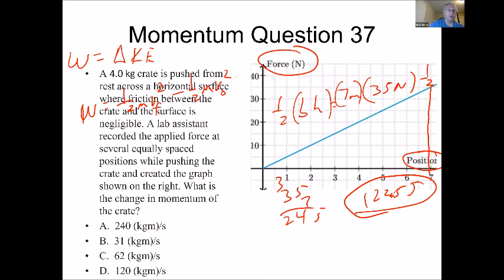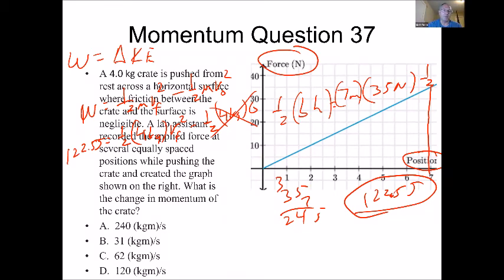So we know our work. We know the mass is 4 kilograms. We don't know the final velocity. We know the initial velocity, since it tells us we're starting from rest. So that's 0, and this goes away. So we can solve for final velocity.